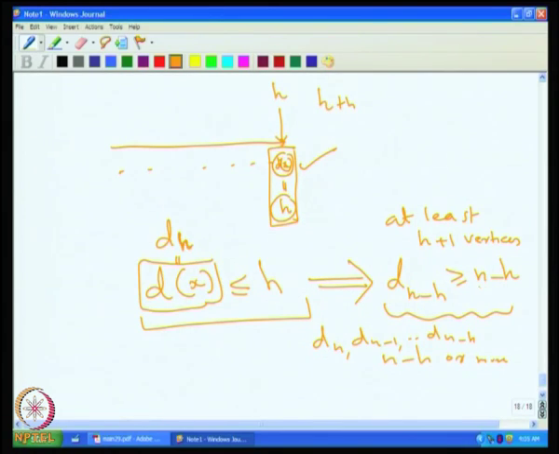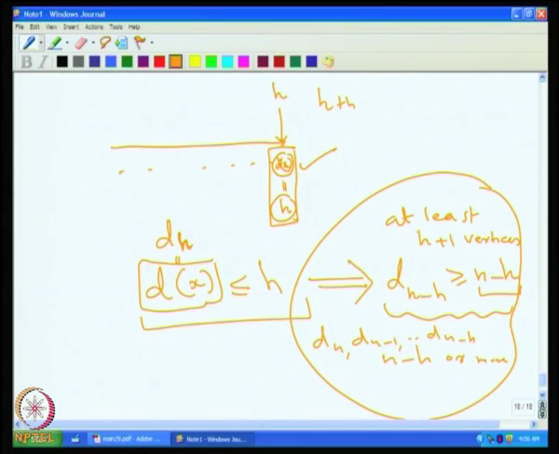So, all these vertices will have degree at least n minus h, and our vertex x has only degree h. So, it can be adjacent to only h vertices. Is it possible for it to be adjacent to all these h plus 1 vertices? Definitely not, because it has only h neighbors.